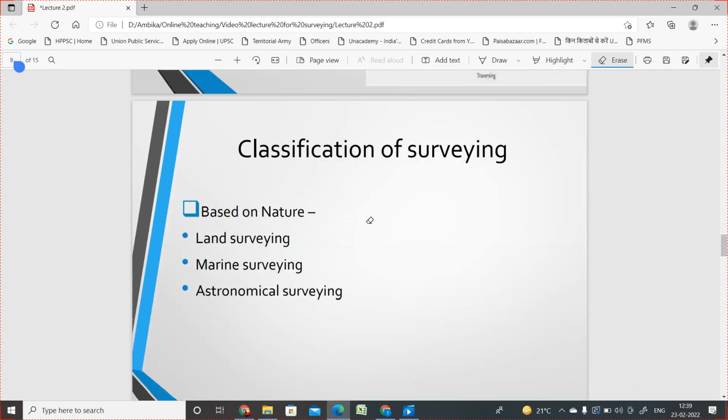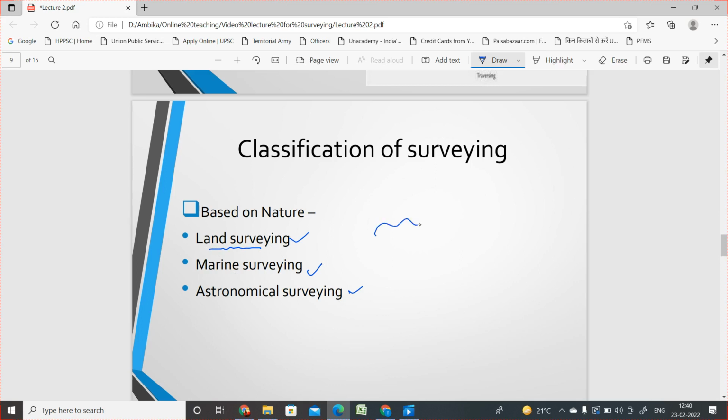Okay, next one is based on nature, that is, what type of nature we have. On this basis, we have three main classifications. The first one is land surveying, the second is marine surveying, and the third one is astronomical surveying. If we are doing the survey on land or the earth's surface, such type of surveying is called land surveying.